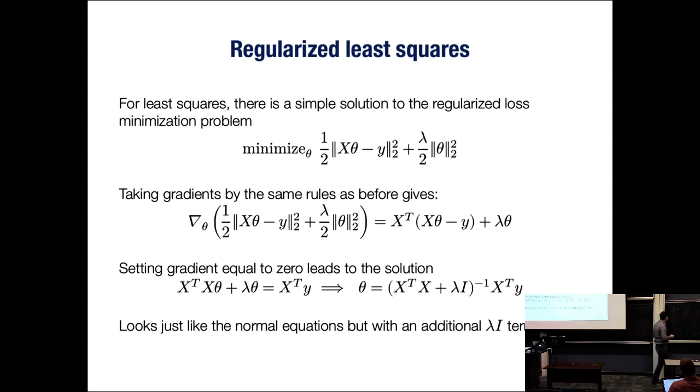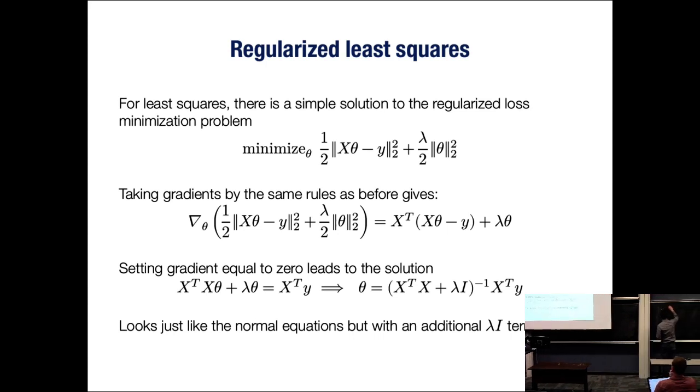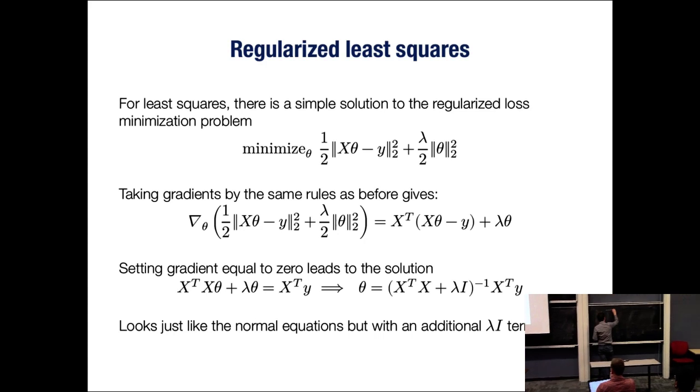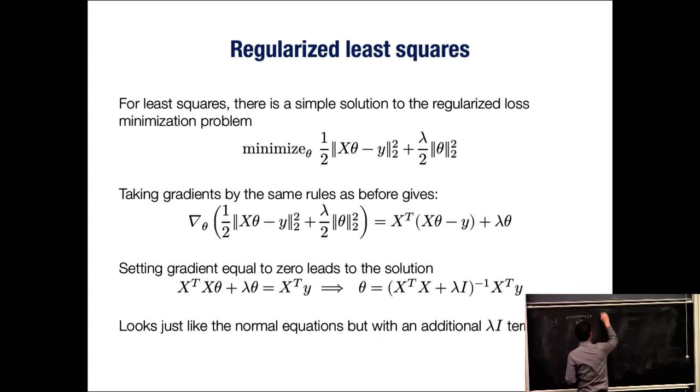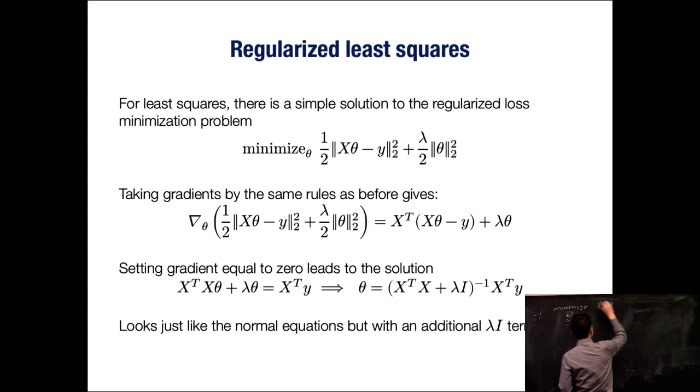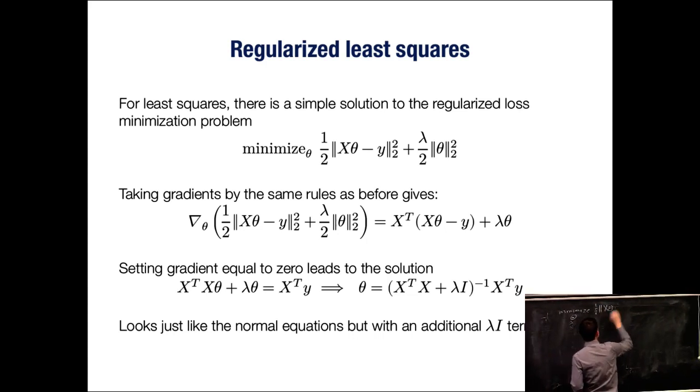The way we do this is we take our least squares objective, where we're trying to minimize over theta 1/2 the norm of x theta minus y squared, plus lambda times the 2 norm of theta squared.